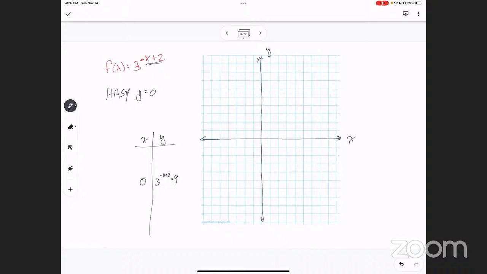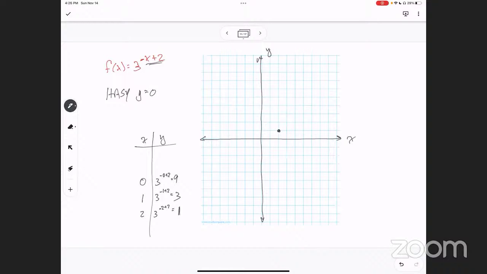Good. Let's try 1 now. What's 3 to the negative 1 plus 2? 3. Good. Now let's try 2. 3 to the negative 2 plus 2 is just 3 to the power of 0, which is 1. There's your point, 2 comma 1.